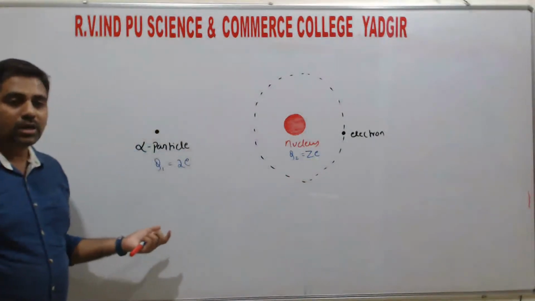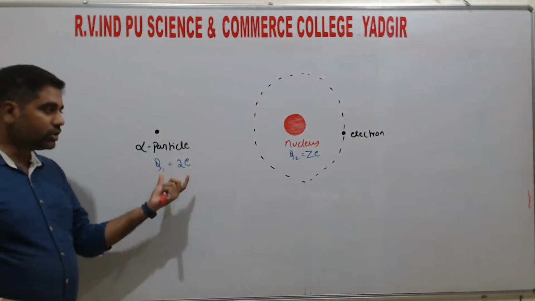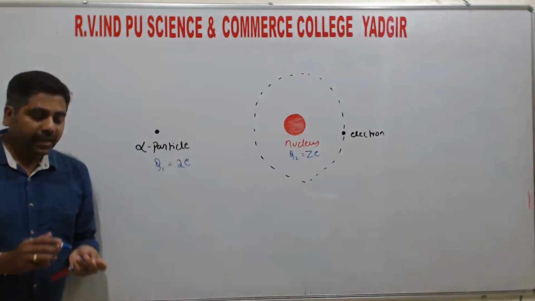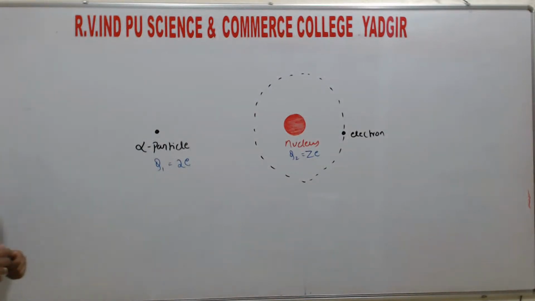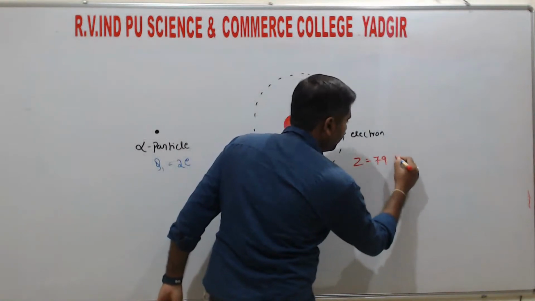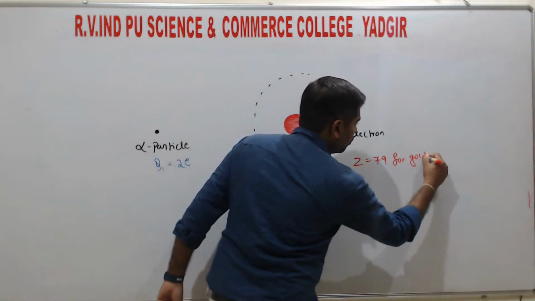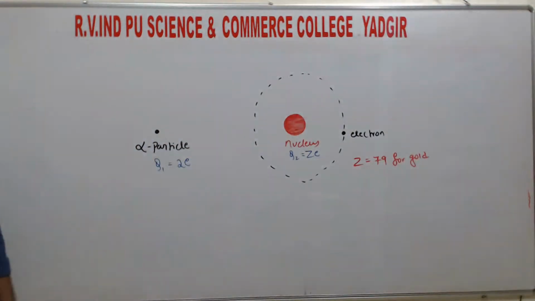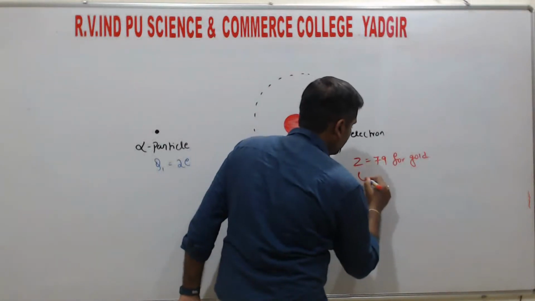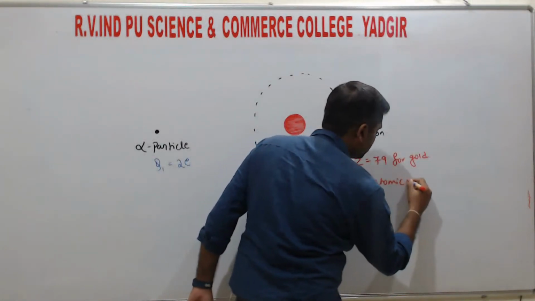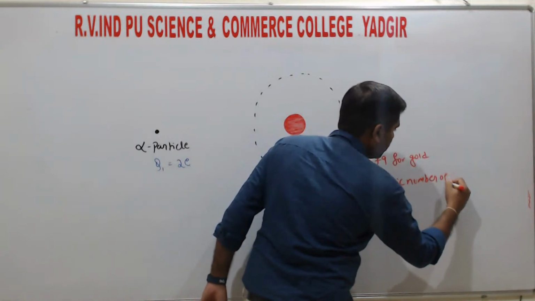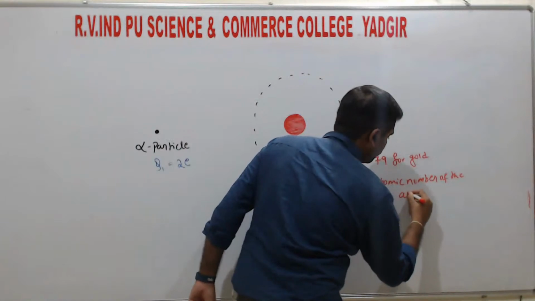Here there is a positive charge and here also a positive charge, hence like charges will repel each other. Here Z equals 79 for the gold atom, where Z is the atomic number of the atom.